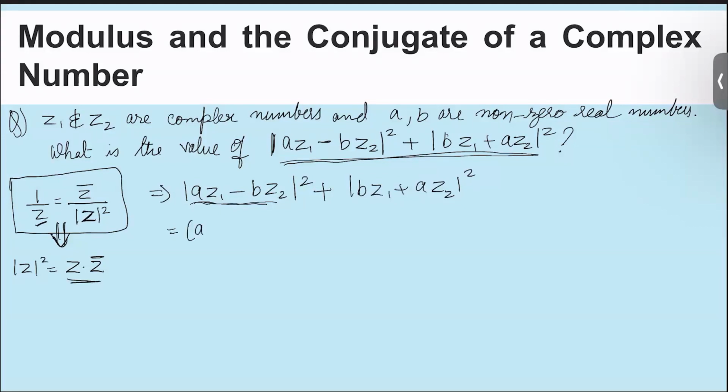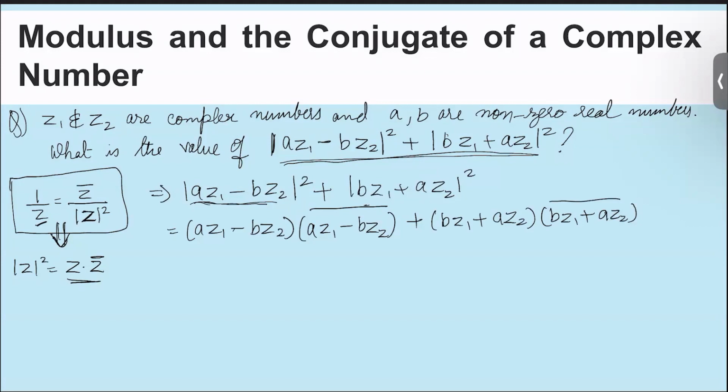So you can write this as a z1 minus b z2, now the modulus sign is not there, we have taken out the modulus sign, multiplied by a z1 minus b z2 the whole conjugate. Plus, similarly, for the second modulus term, we can write b z1 plus a z2 and b z1 plus a z2 conjugate.